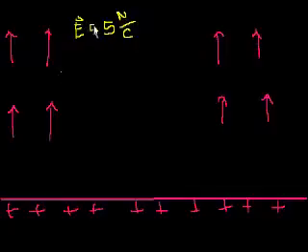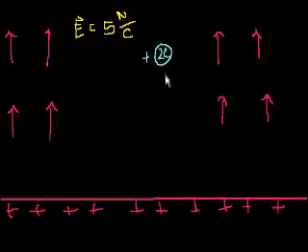So my question to you is, how much work does it take to take a positive point charge? Let me pick a different color. Let's say this is the starting position. It's a positive 2 coulombs. Once again, that's a massive point charge, but we want easy numbers.